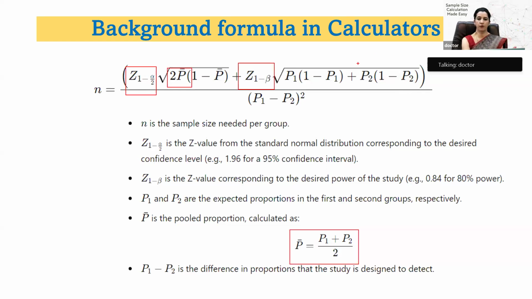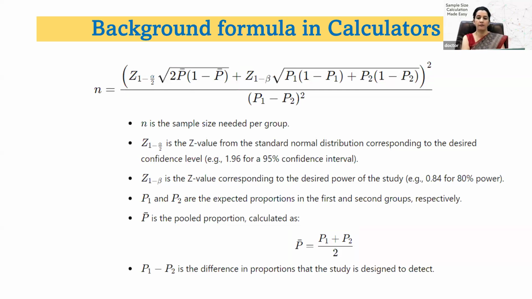So this is the formula, and overall the last part is a square. In the denominator, it is P1 minus P2 whole square. But you don't need to remember. I am just showing this because you need to copy paste this formula if you are making a proposal or writing a project for funding. So this is the formula which is running in the background.